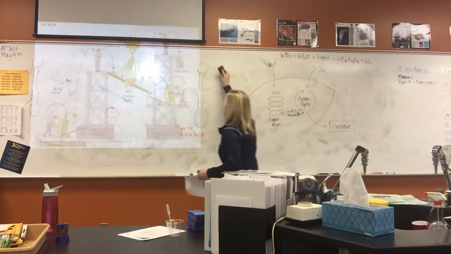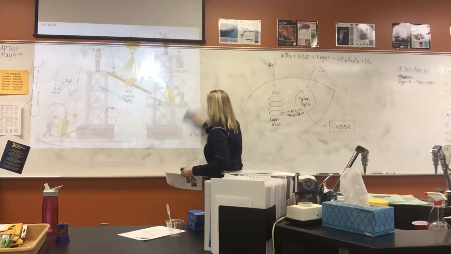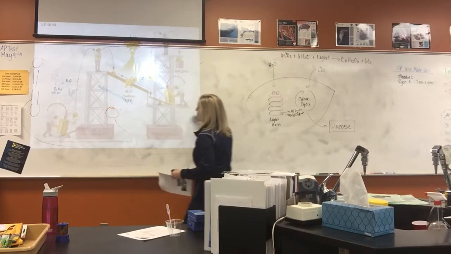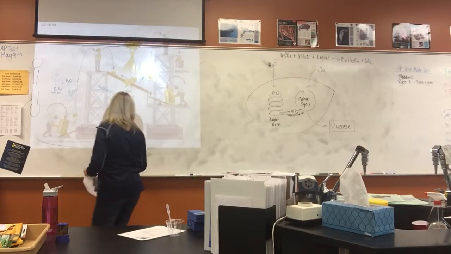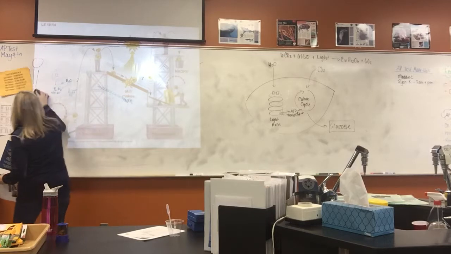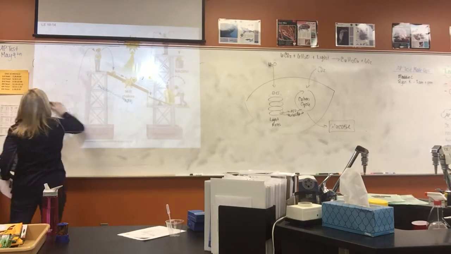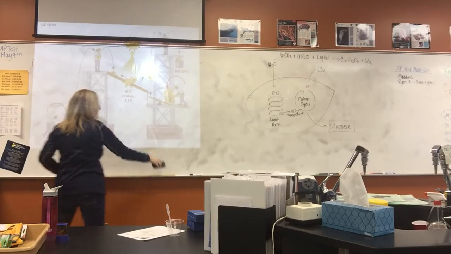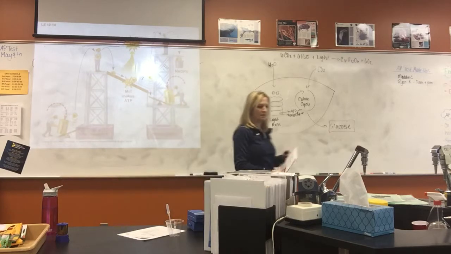this next picture is an analogy of the light reactions. Cute little picture, you have these little workers and so on. And it labels some things, and it doesn't label other things.